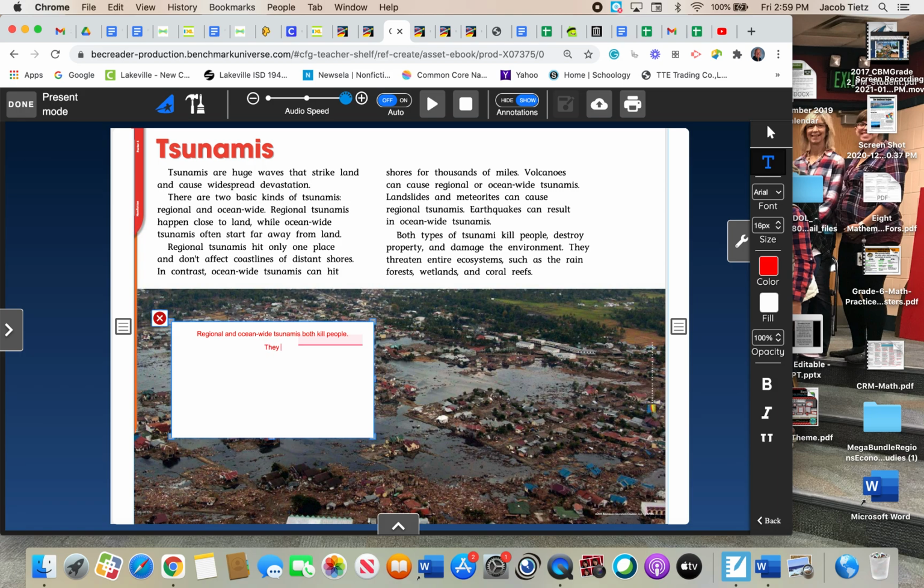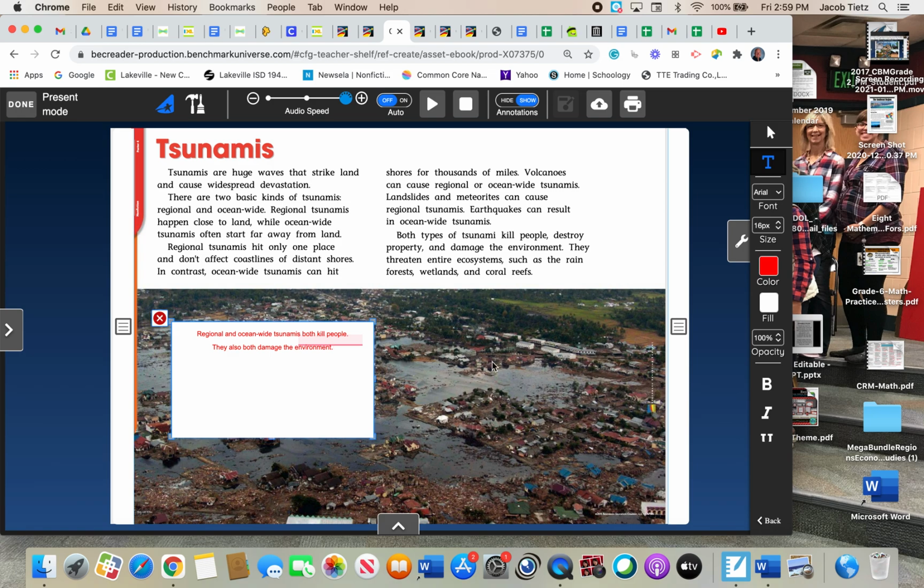And then they also both damage the environment. So those are two similarities that we were able to come up with, two ways to compare them, two ways that they are the same.